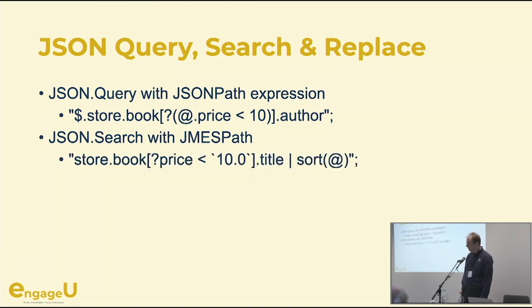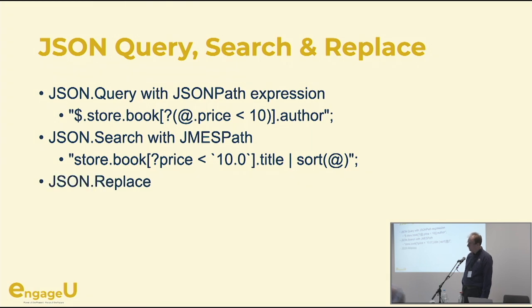It works similarly, but it allows piping. So you can, for example, here find all the records again for books below 10 bucks, and then sort the list.